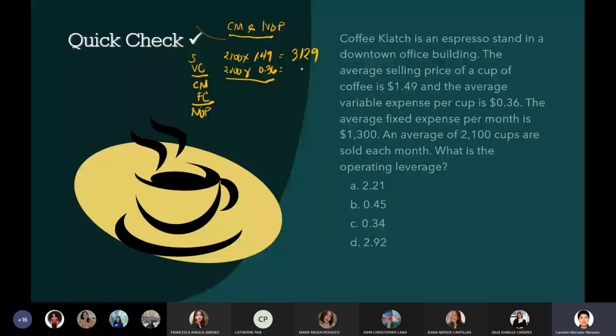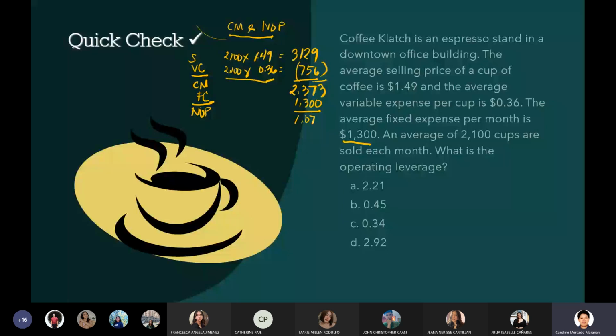So, when you subtract, 3,129 less 756, this is 2,373. We also have a fixed cost which is 1,300. So, our net operating income is 1,073.